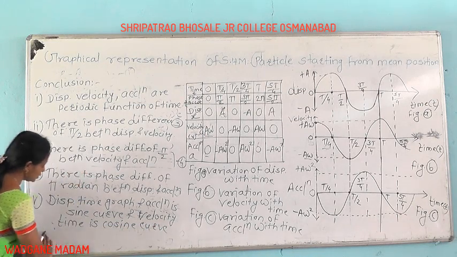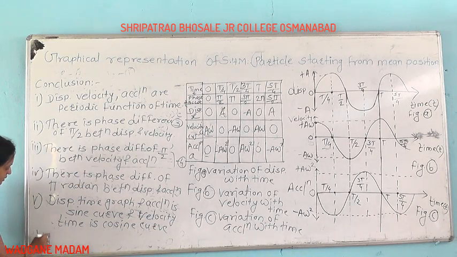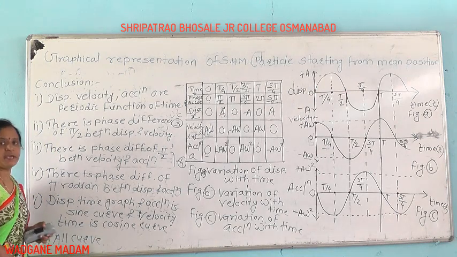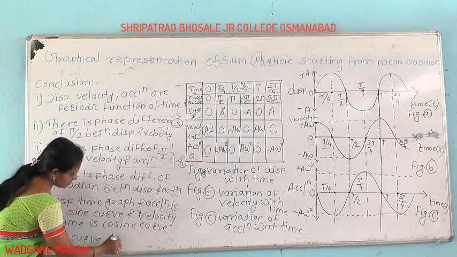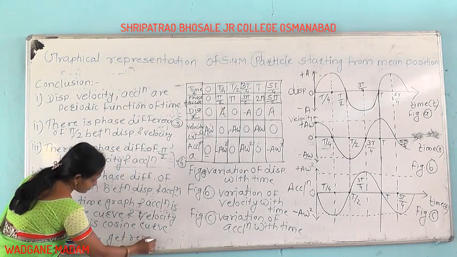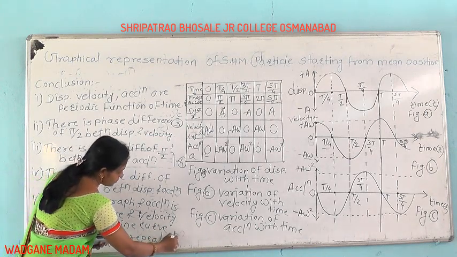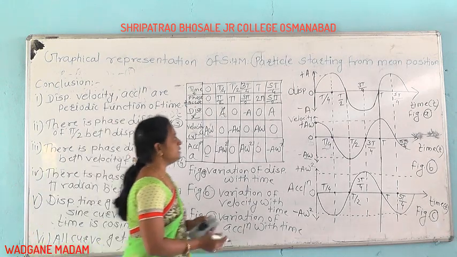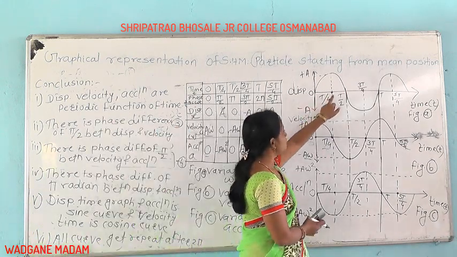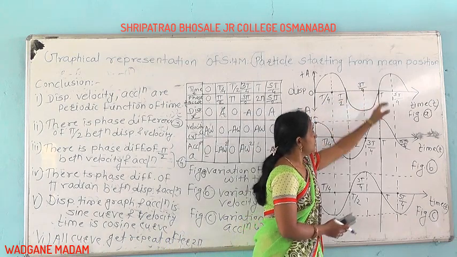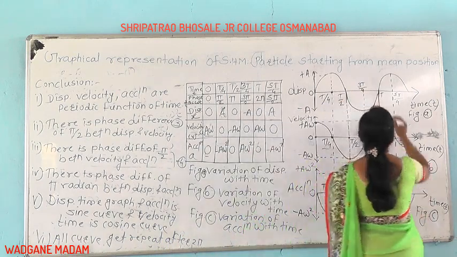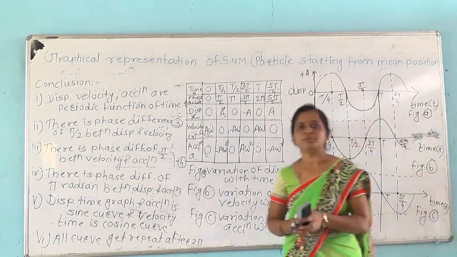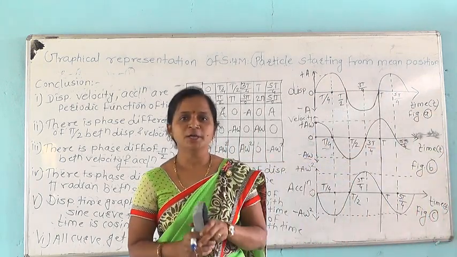And the last conclusion is that all curves get repeated after 2 pi. You can see here 0, pi by 2, pi, up to 2 pi, so 2 pi is completed. Therefore all curves get repeated after 2 pi radian. Thank you very much.